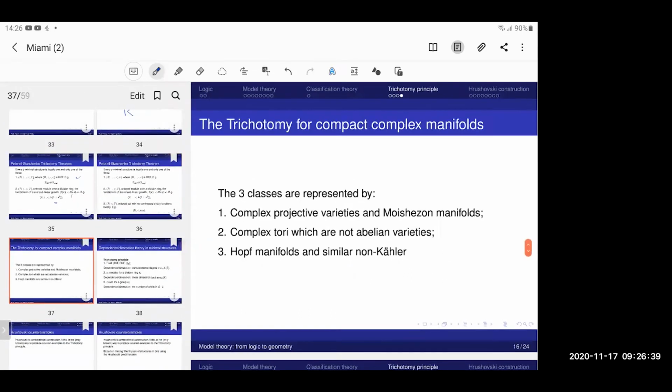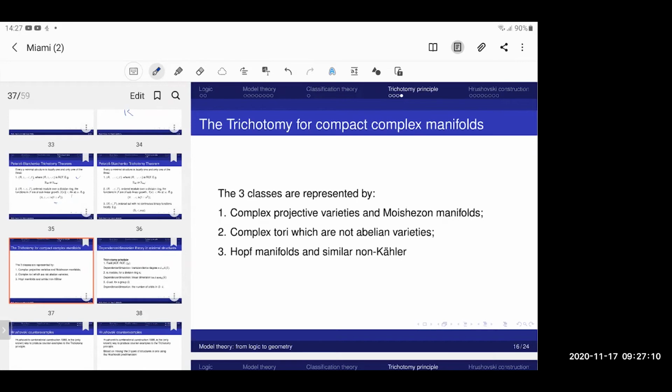Now a few words about compact complex manifolds. Again, in this case, the trichotomy principle does hold, and I cannot be very precise here, but it is at the level of typical examples. Some of these are just examples, and part of it is a precise theorem.